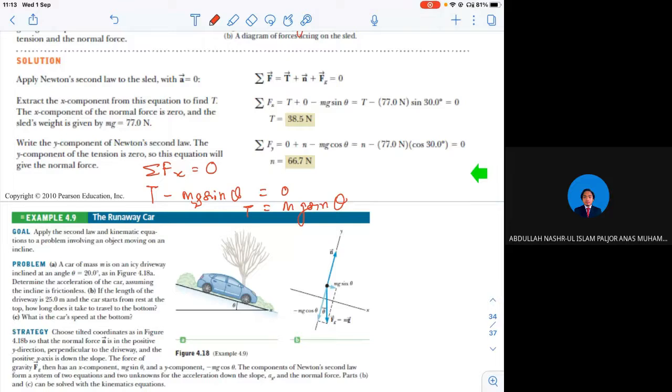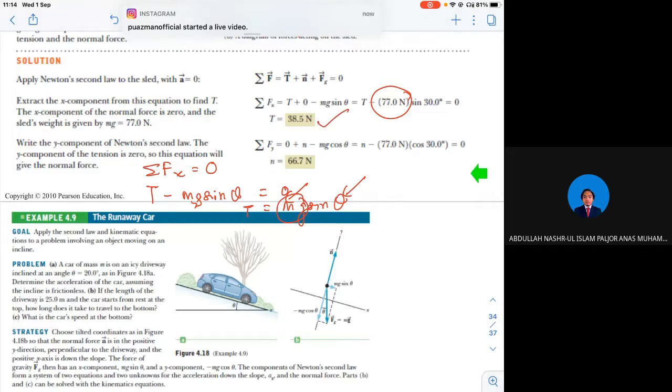What's the value of T? m times g is already 77, times sin 30. Now you will get 38.5 Newton. The answer for T is 38.5 Newton.